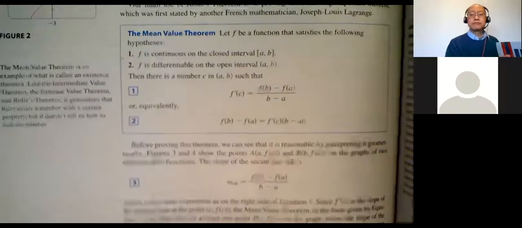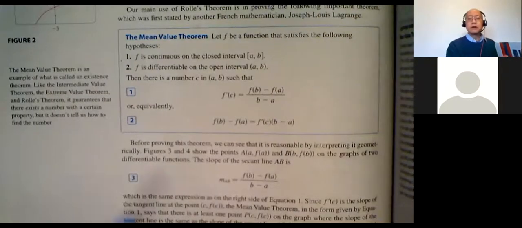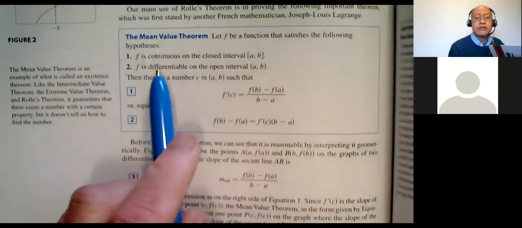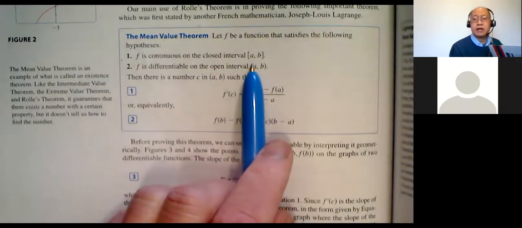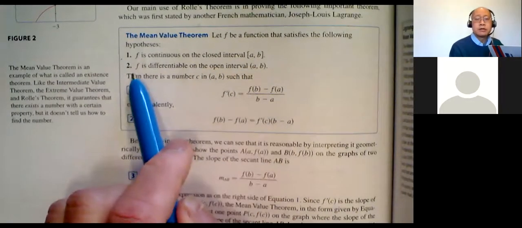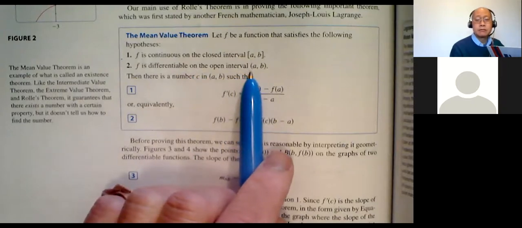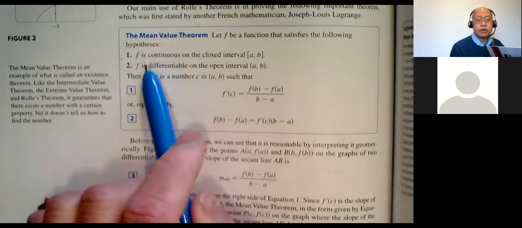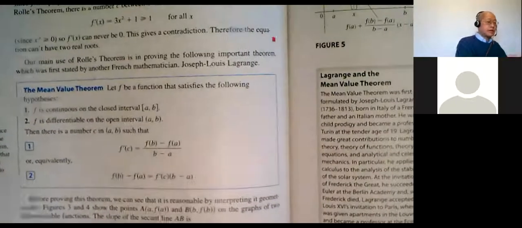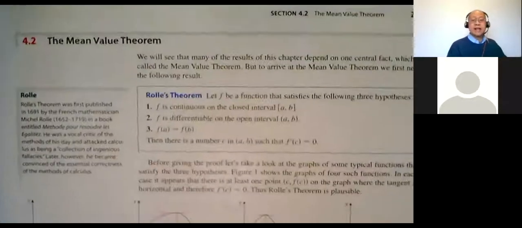Mean value theorem on page 288. Number 1, f is continuous on a closed interval from a to b. Number 2, f is differentiable on an open interval from a to b. That sounds like number 1 and 2 for Rolle's theorem. In fact, it's exactly the same thing.